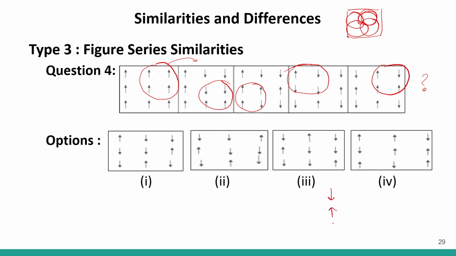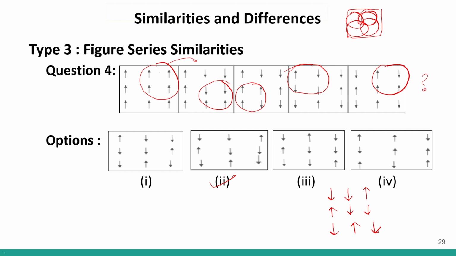This will remain same. This will not change. Only these arrows will change. So this will come downside, this will come upside. Similarly, this will come downside and this will come downside. So out of the 4 options, if you look at option number 2, we have something similar. The arrows are facing in this direction. So our answer will be option number 2.